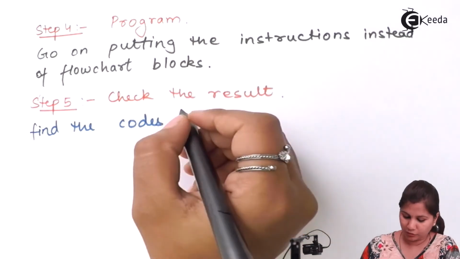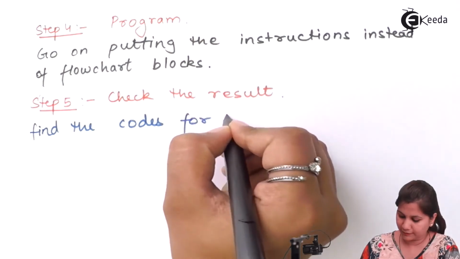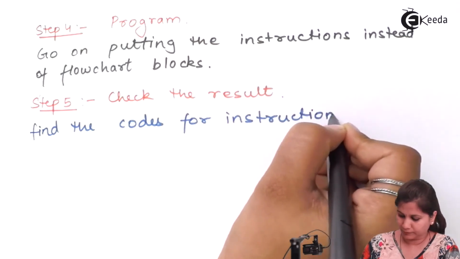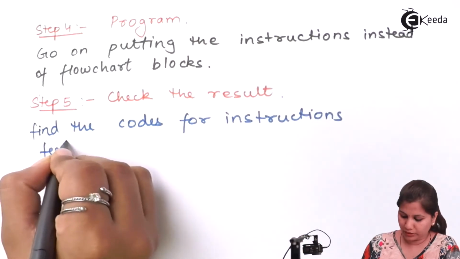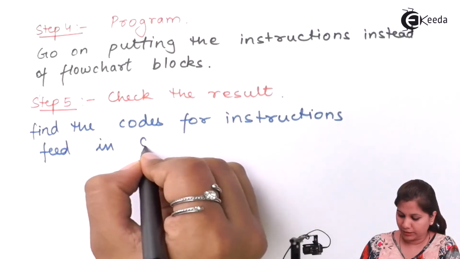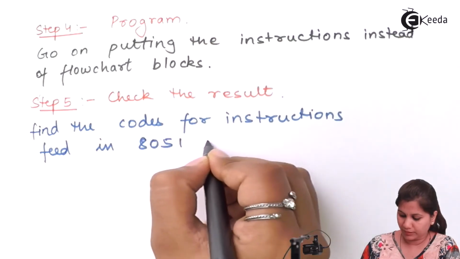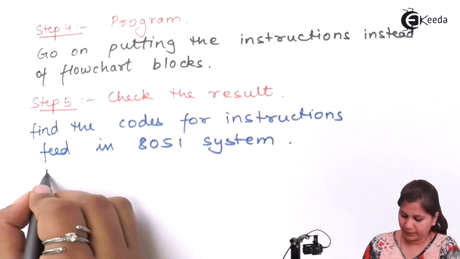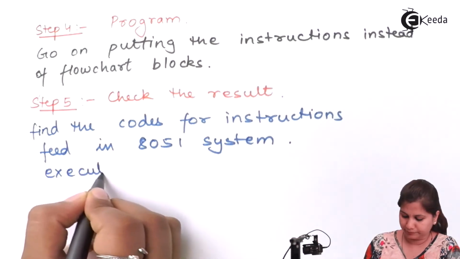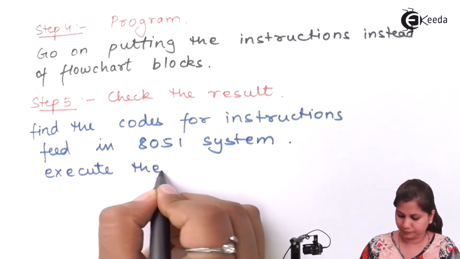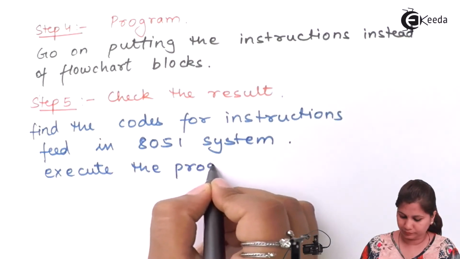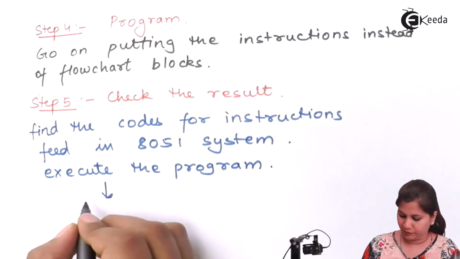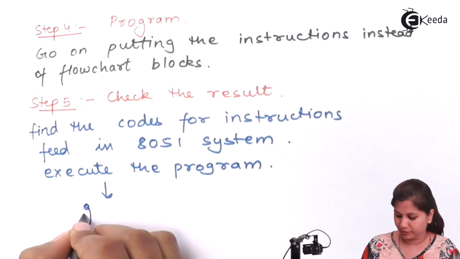So we will find the codes for the instructions. Feed those codes in the 8051 system and then execute the program. And when we execute the program, we will get the result.